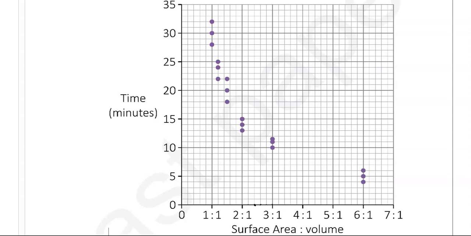So we're going to have a curved line of best fit. Just try and do it in between the points. So something like this. Not perfect, but it gives the idea, and it can help us estimate.